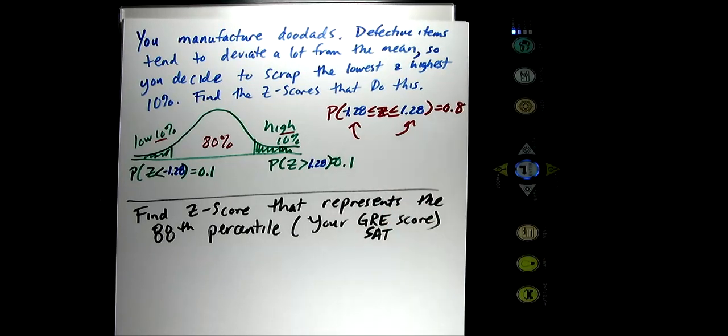GRE is the graduate record exam. If you want to go to grad school, that's what you take in the last year of your bachelor's. Depending on what major you're in, you might have a GRE related to your major. If you get the 88th percentile on the GRE in your major, you're a badass. I was around 60%. I don't remember if it was above or below.